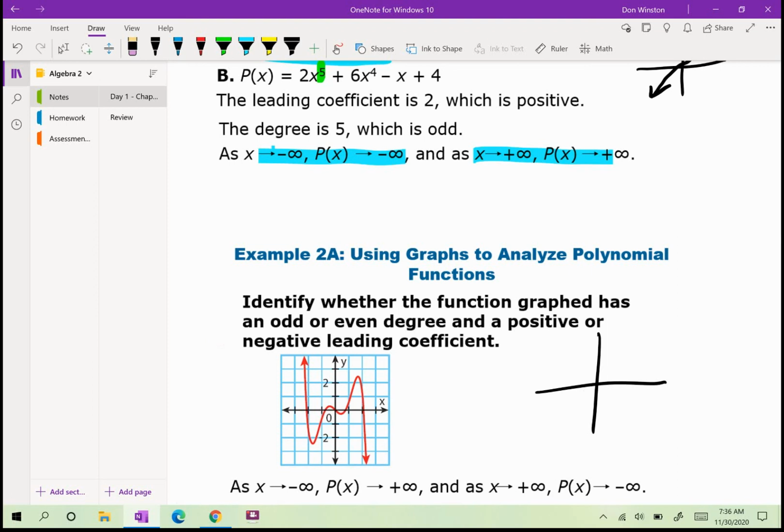Or if the leading coefficient is negative and it's odd degree, it will look like that. It will rise on the left and fall on the right. So this one has to be an odd degree polynomial whose leading coefficient is negative.